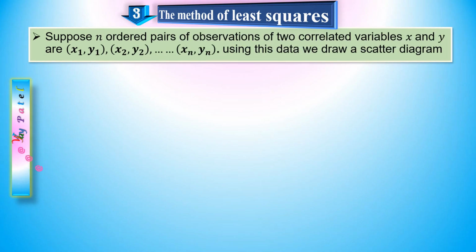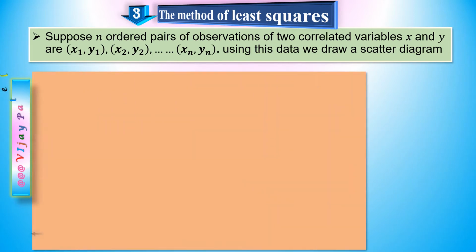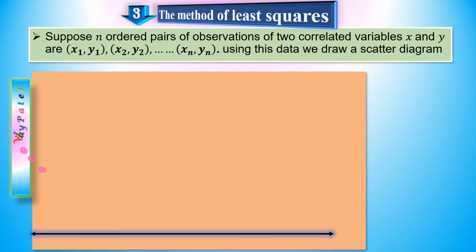Suppose n ordered pairs of observations of two correlated variables x and y are x1 y1, x2 y2, up to xn yn. Using this data we draw a scatter diagram. See the scatter diagram, x-axis, y-axis.